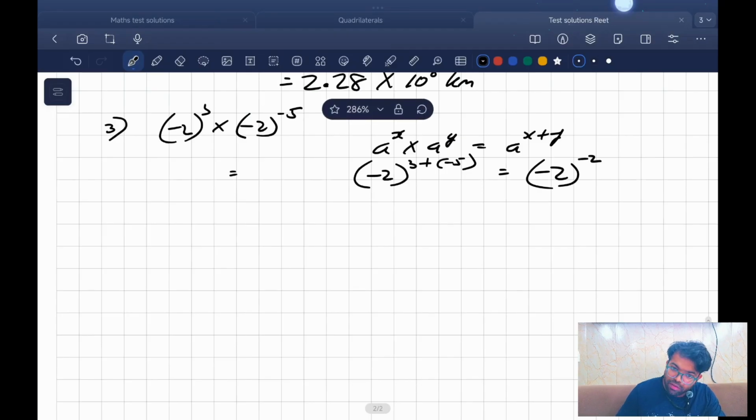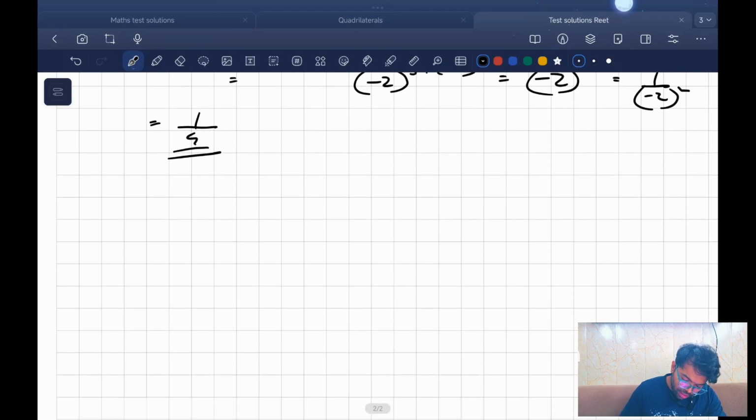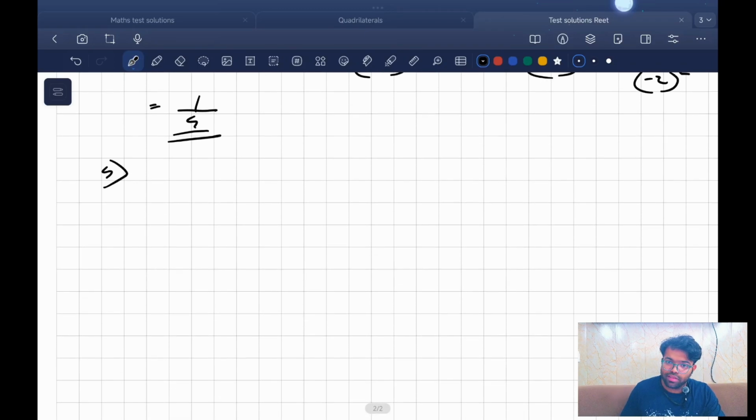Or 1 upon minus 2 the whole to the power of 2, which is 1 upon minus 2 the whole square. That is the answer. Clear?